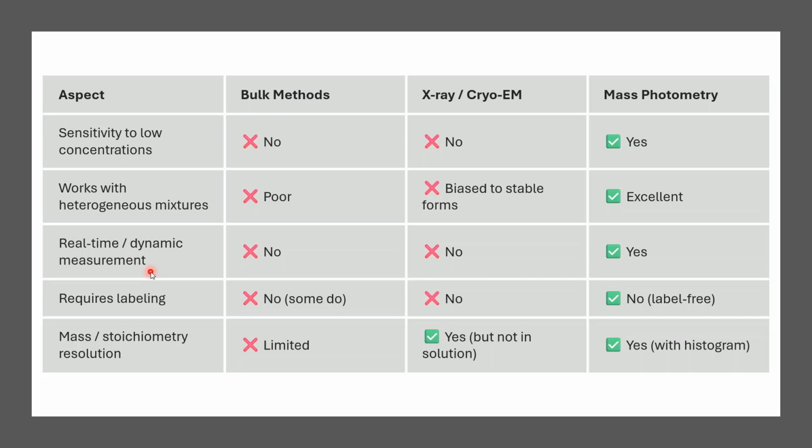As mentioned earlier, it does not require labeling, whereas bulk methods and X-ray require labelings. Mass and stoichiometry resolution is very limited in bulk methods; in X-ray and cryo-EM it can be done, but not in solution. Whereas in mass photometry, it can be done in solution and with the histogram as well.